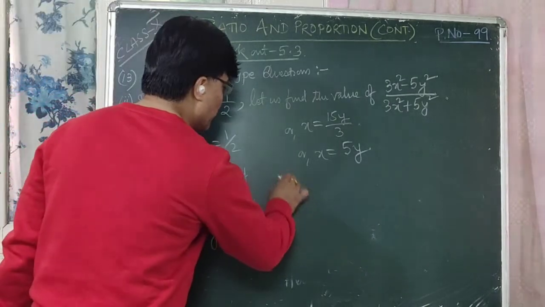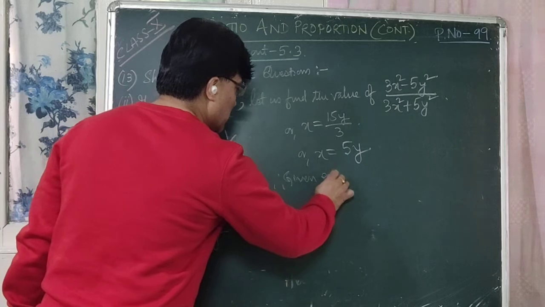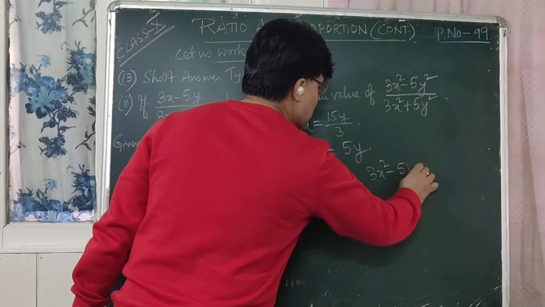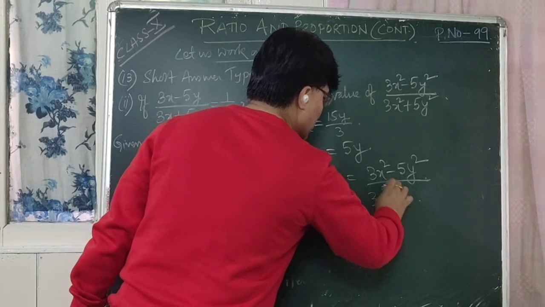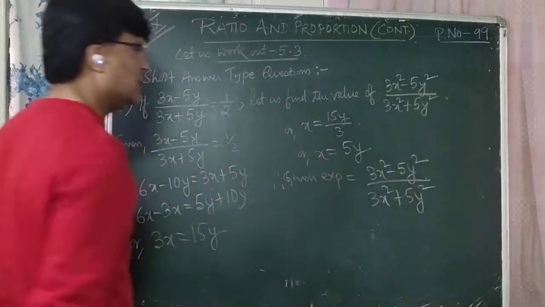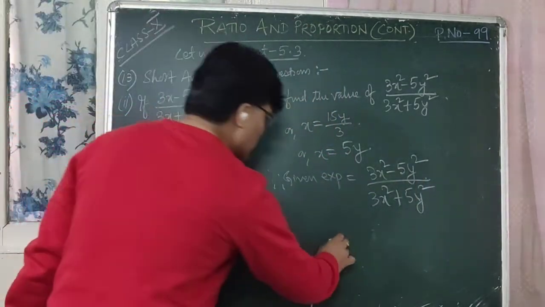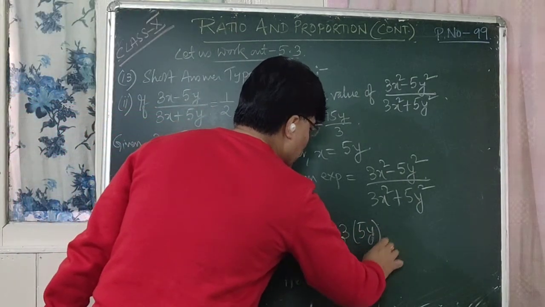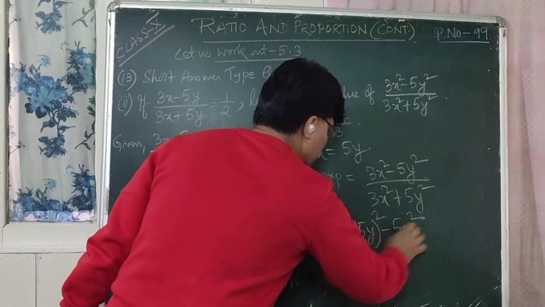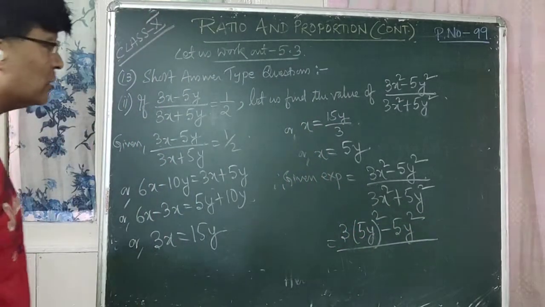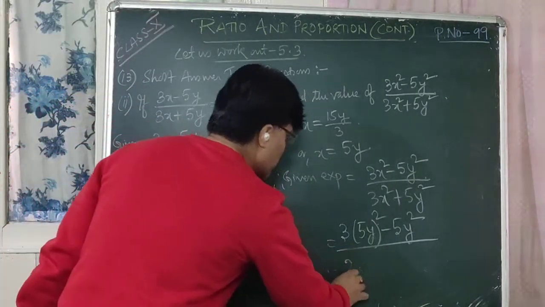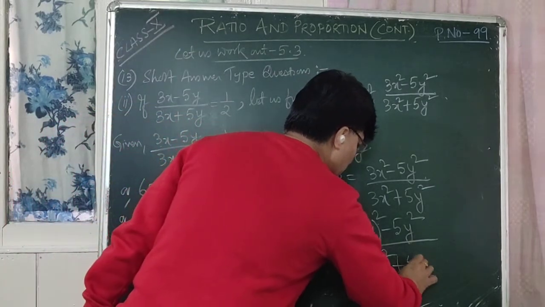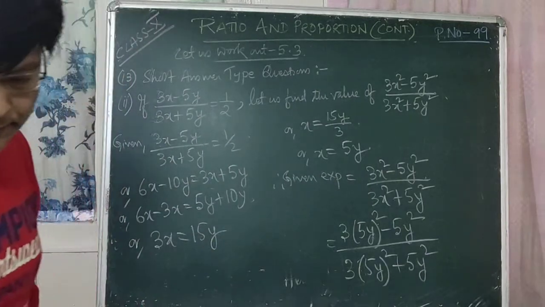The given expression is (3x square minus 5y square) divided by (3x square plus 5y square), which is equal to 3 into (5y) whole square minus 5y square, divided by, in the denominator also putting the value for x, 3 into (5y) whole square plus 5y square. Clear?